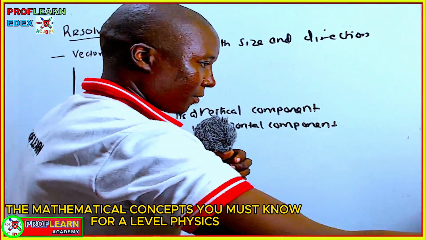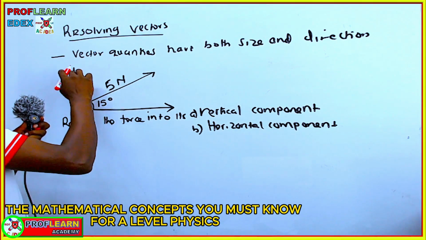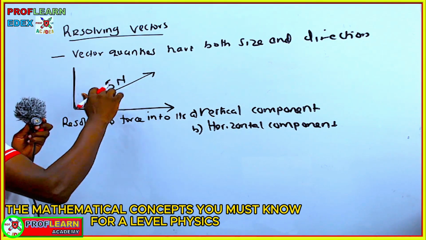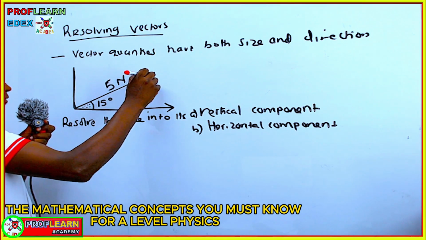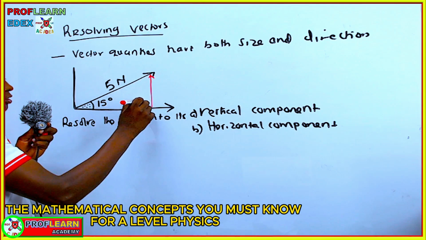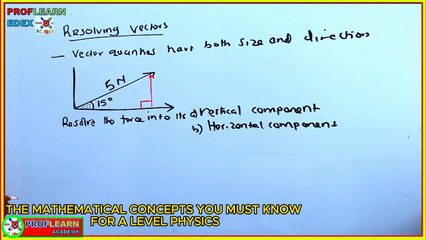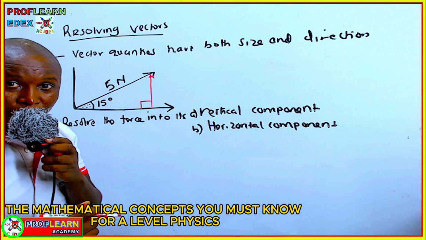So if we want to find the vertical component of this force of 5 Newton, let us draw a right angle there. So we shall have a triangle at that given point whose hypotenuse is 5 newtons.